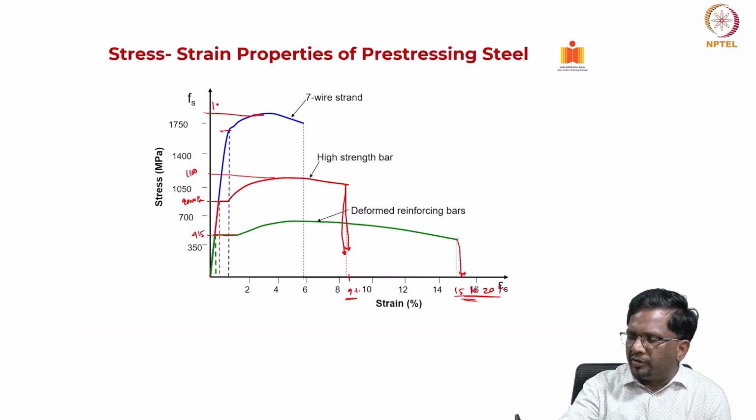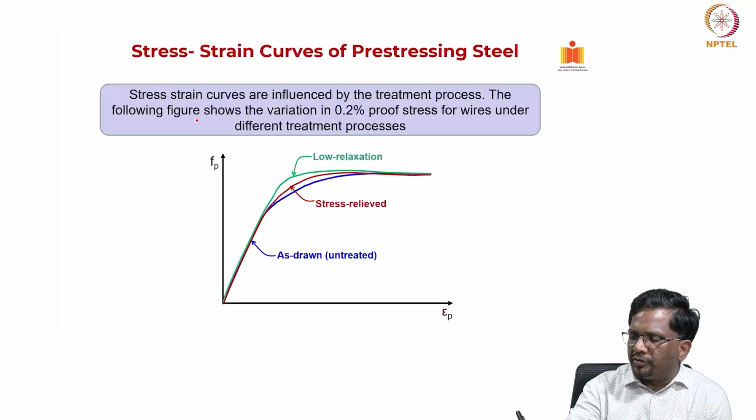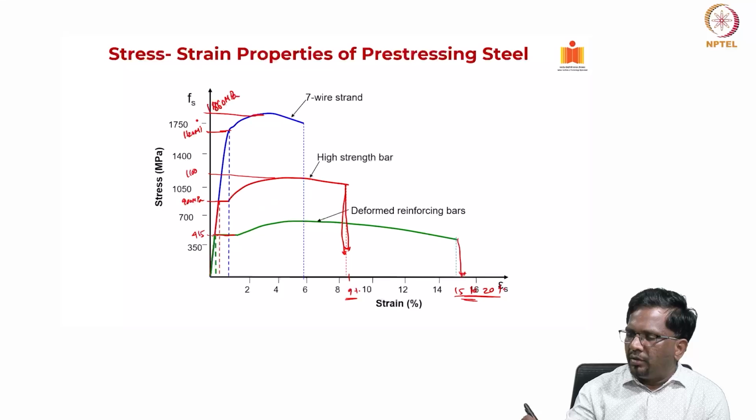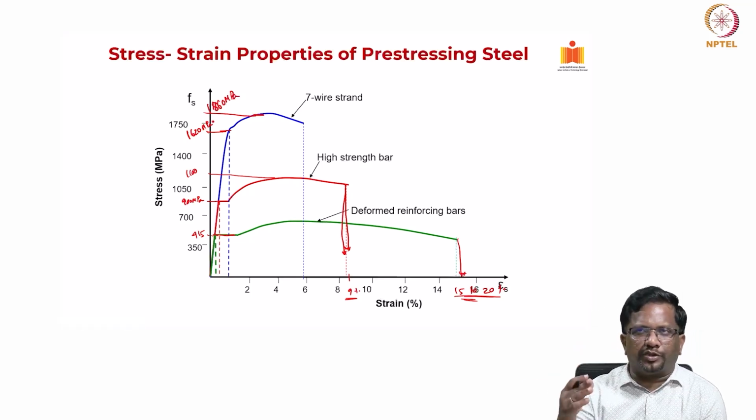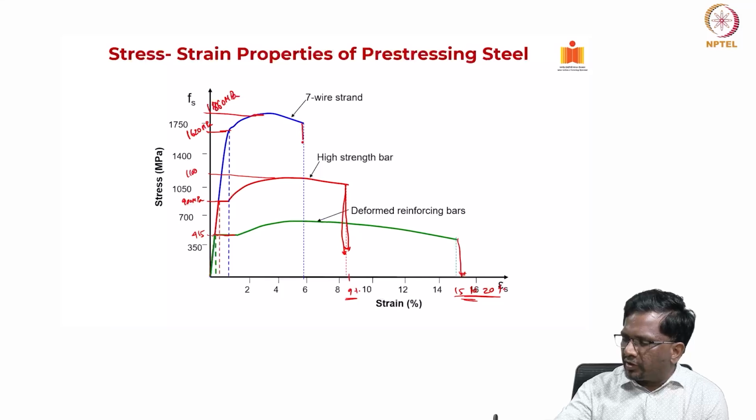So, this ultimate strength is roughly about 1860 megapascal, okay, and yield strength is roughly about 1620 megapascal, 1600 or so. So, you get very high yield strength and ultimate strength, but again if you look at it, this strand is going to fail at about 6%.